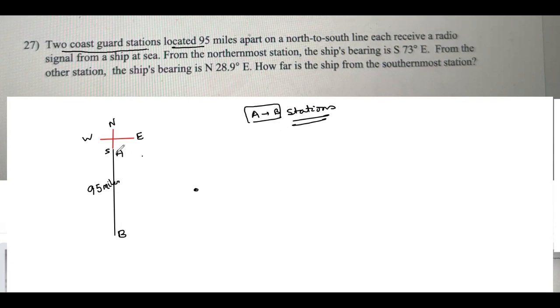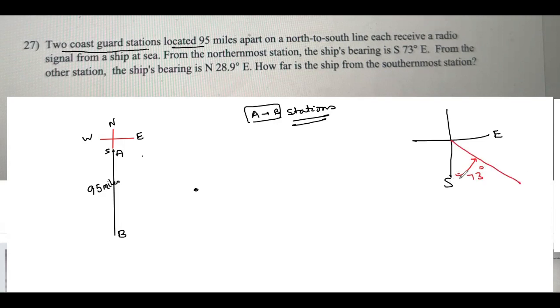Now, from the northernmost station A, the ship's bearing is south to east. From the south towards east, the angle is 73 degrees. So you can imagine like this: this is south and this is east. From the south side towards east, we need to make 73 degrees.